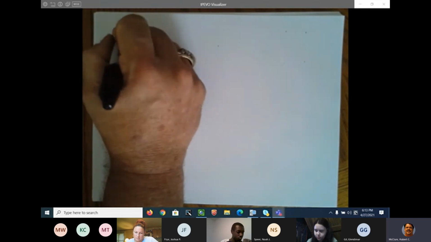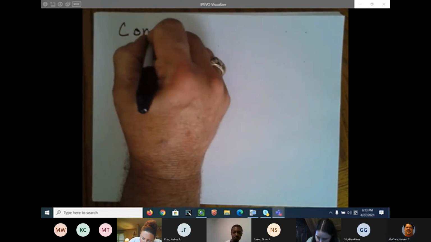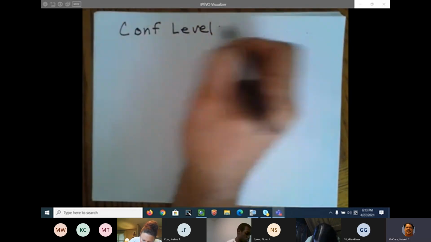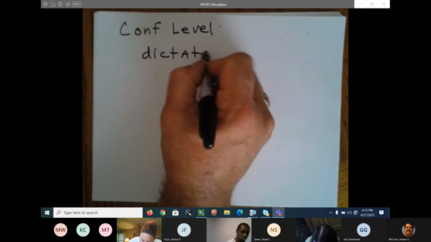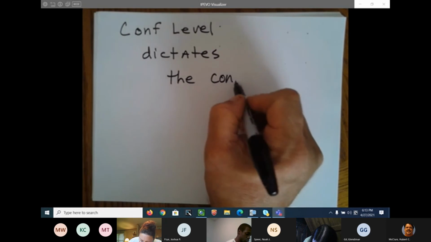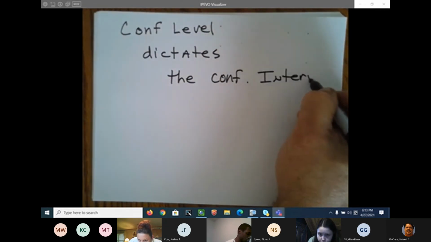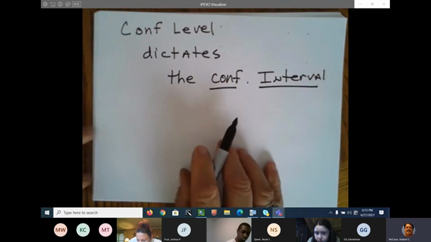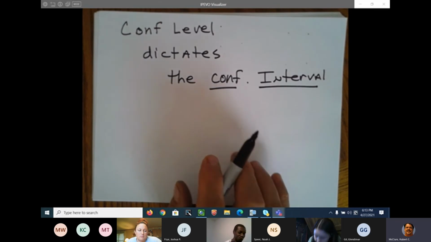We're going to be using the confidence level, which dictates the confidence interval. Now, the confidence interval is what we're going to be finding, and it is made up of two things.